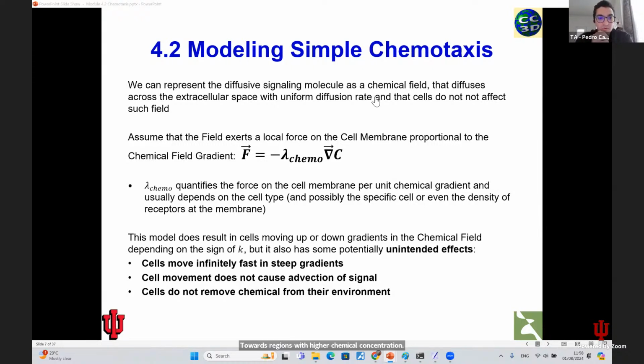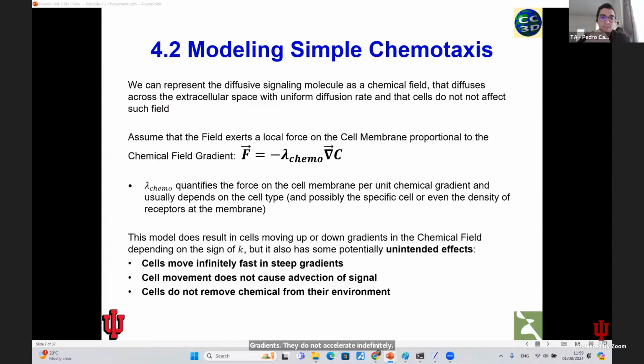This very simple model can cause cells to move infinitely fast in steep gradients, and this can be an unintended effect. In reality, when cells are in very, very steep gradients, they do not accelerate indefinitely. Their movement saturates somehow.